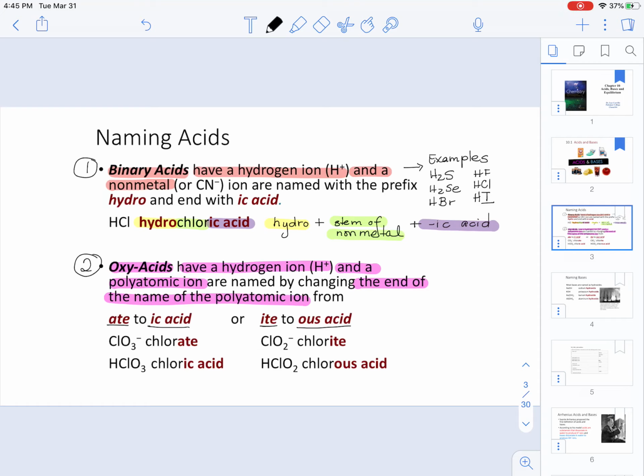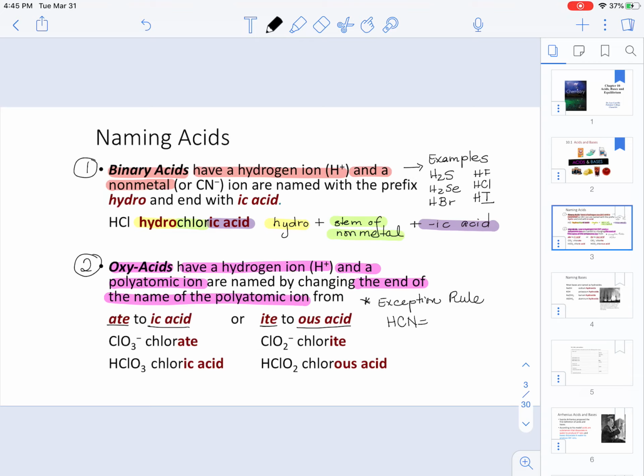As I've mentioned to you before, there are always exceptions to the rules. And the exception to the rule is outlined in the first bullet point. HCN will be the only acid that has a polyatomic ion and, when we name it, we use the rules for binary acids.